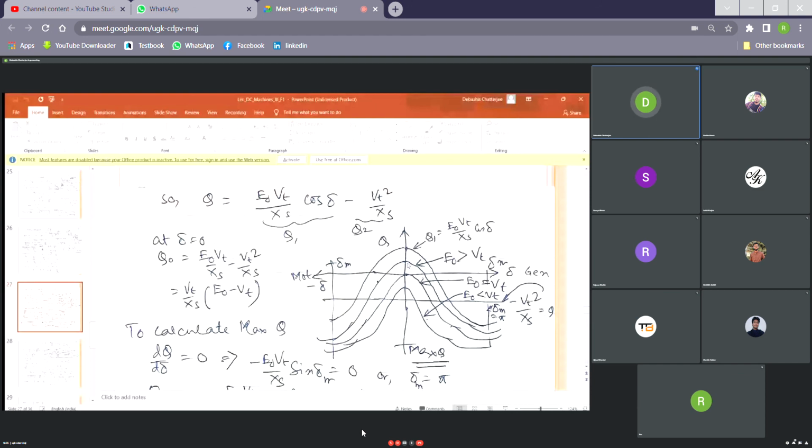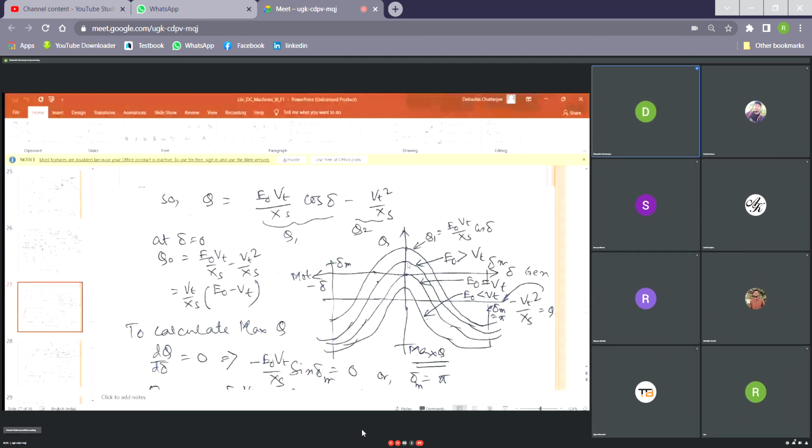So that is why you get at delta m equal to pi, and for plus pi it is for the generating, and for minus pi it is for the motoring.